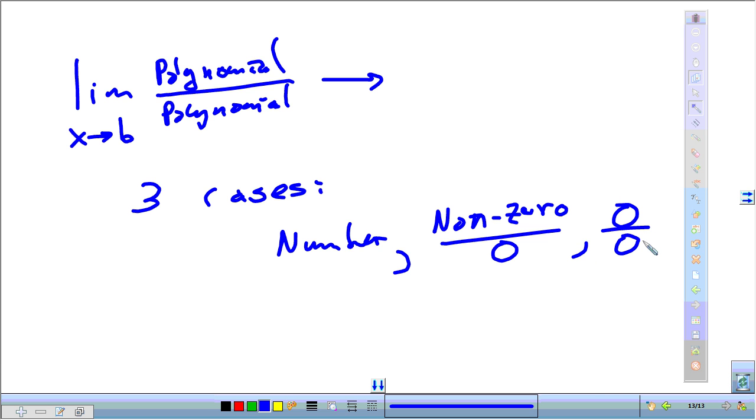And we address each of those differently. If it's a number, that's the limit. If it's non-zero over 0, left and right will be infinities.